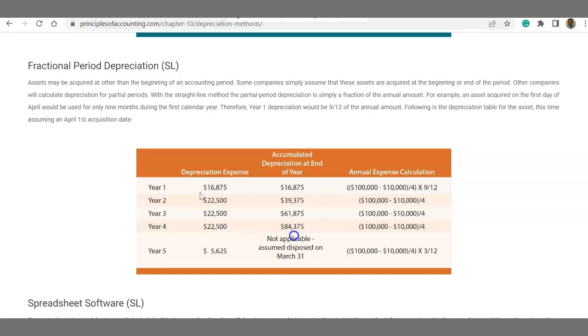So in that case, in year one, you depreciate just a portion of the asset for that 9 months, 9 out of 12. So then you keep depreciating for year 2, 3, and 4 full amount regularly for 12 months. Then automatically you end up having a depreciation to recognize at year 5 based on the 3 months left over.